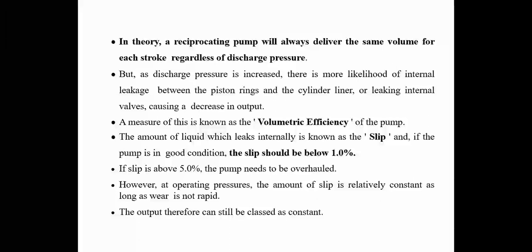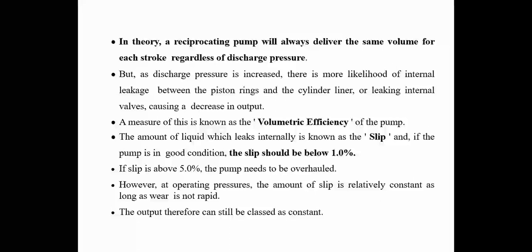So in theory, a reciprocating pump will always deliver the same volume for each stroke, regardless of the discharge pressure. So whatever the pressure, the reciprocating pump will always release the same volume of water. That is why it is known as a positive displacement pump. The measure of this volume which is given out is known as the volumetric efficiency of the pump.